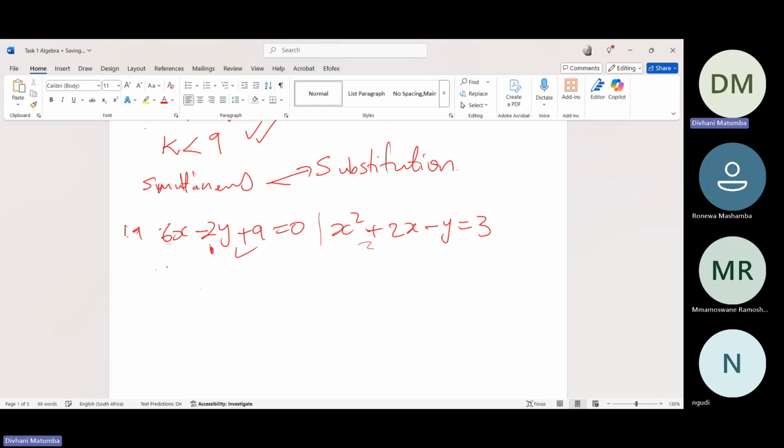So I will have, if I have 6x minus 2y plus 9 equals 0, this will be my equation 1.